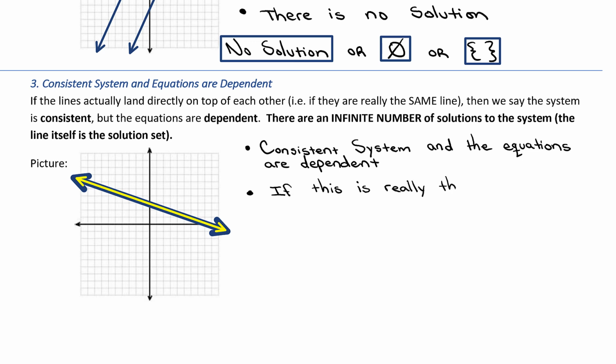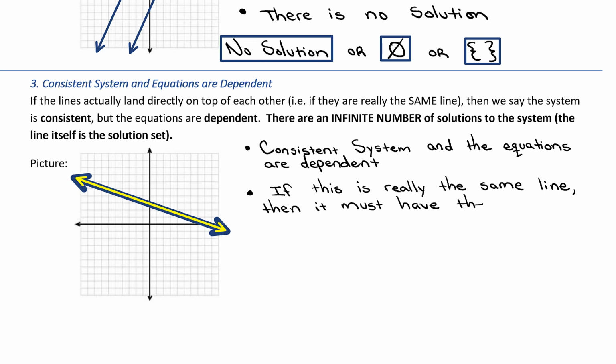If this is really the same line, then when you're looking at the equations of this, you're going to need to have the exact same slope and the exact same y-intercept.